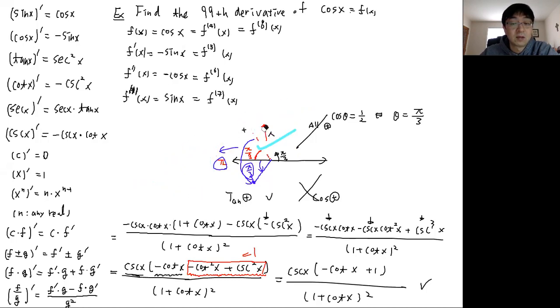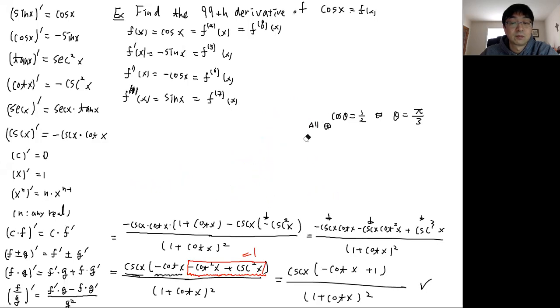So what kind of cycle do we have? I can show it to you. Here, what is a multiple of 4? The multiple of 4 is exactly the same as the original function, right? Keep going, this is the 12th derivative, and keep going. What's the closest multiple of 4 to 99?